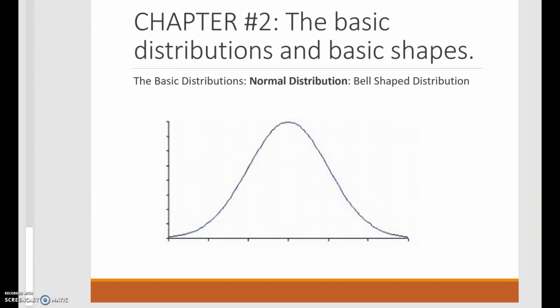Okay, so we're going to start with a little bit of chapter 2. And in chapter 2, the basic idea is you're going back to samples and populations. Now, if they mention distribution, you're looking at a population. If they mention basic graphs, you're looking at the samples.